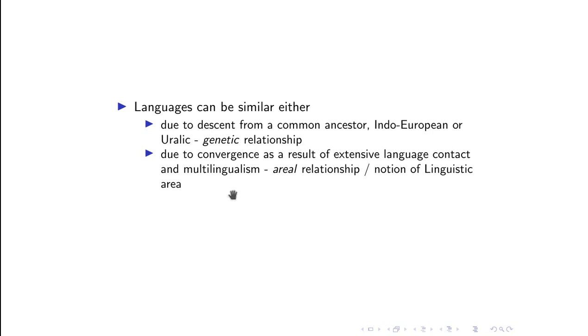And languages can also be similar due to convergence as a result of extensive language contact and multilingualism. What do I mean by this? You can have linguistic areas like, for example, South Asia, where you have languages of many different language families in contact over the last 2-3 millennia at least, and you also have extensive bilingualism and multilingualism.